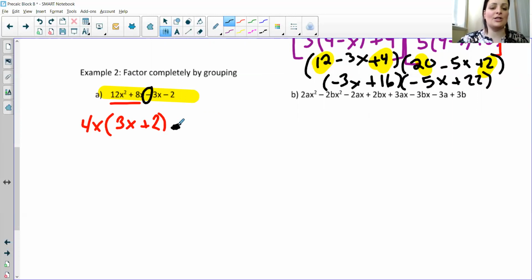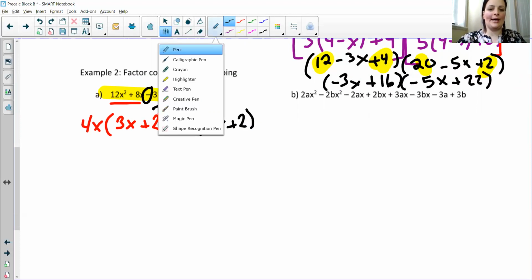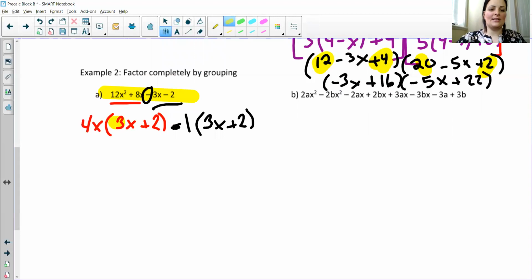And because the first term was a negative, we're going to do a negative 1. So we divide negative 1 out of both those terms, and we are left with a positive 3x and a positive 2. And would you look at that? You have the same thing in both these mega terms. And so you can factor out the 3x plus 2 from both terms, and you're left with 4x minus 1.